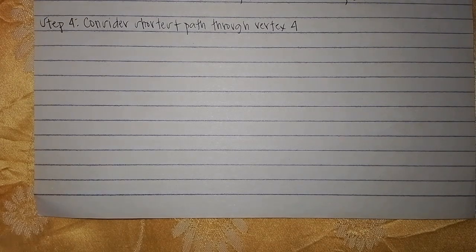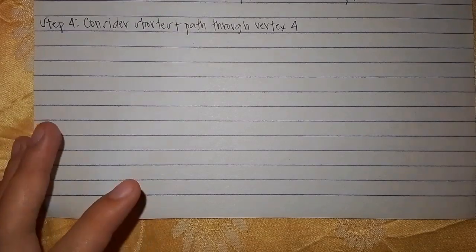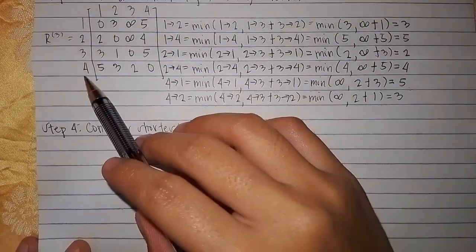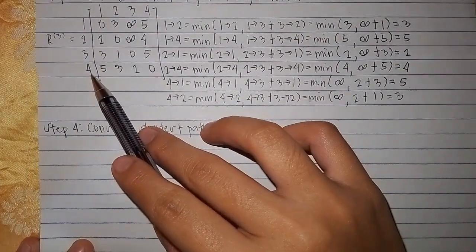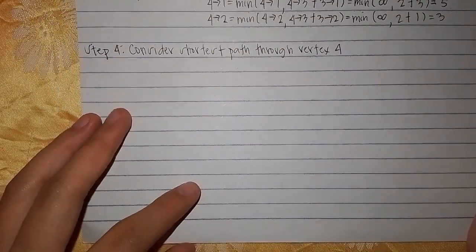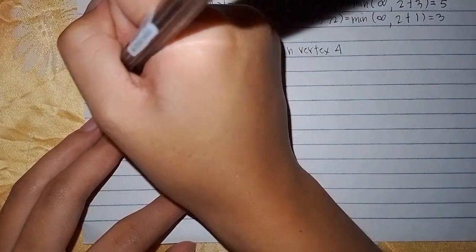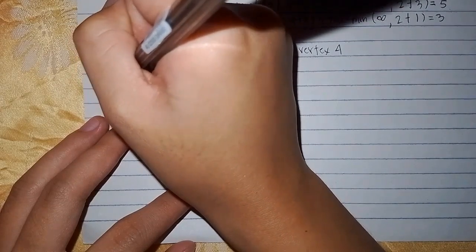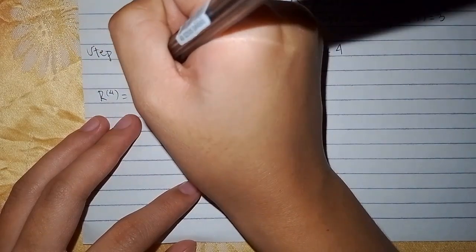Step 4. Consider shortest path through vertex 4. So the intermediate vertex we need to consider is 4. So we need to copy this 4th row and 4th column in the new matrix. So the new matrix is R of 4.